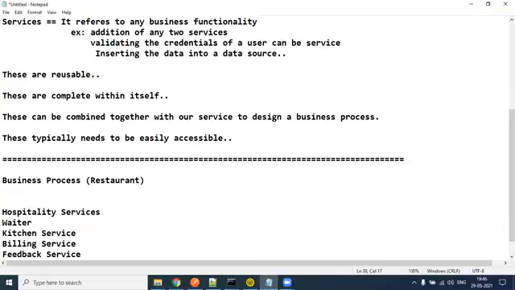Some of these might be overlapping. It might happen that this part, this part, and this part may be by the same team, or it might be different teams altogether. Maybe the team who takes feedback, we want to keep them completely independent so that there is no influence on the actual feedback coming from the customer. And these different services are combined together to achieve one business process, which is a restaurant, right?